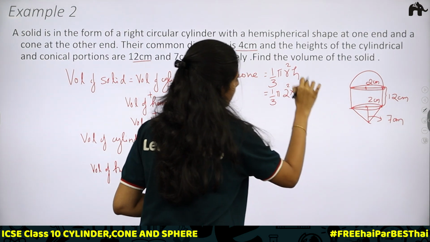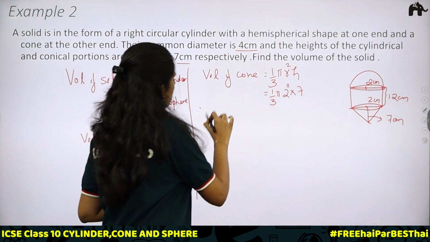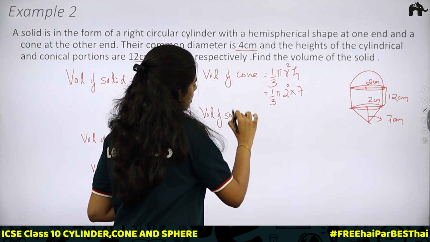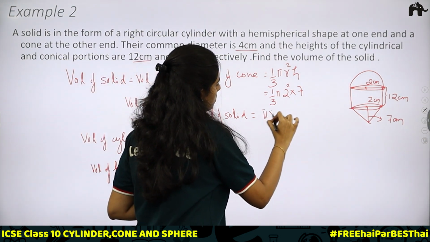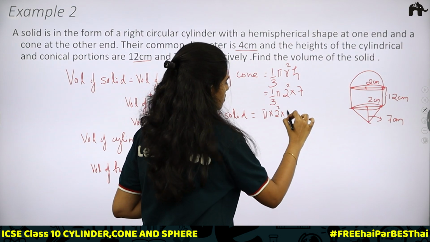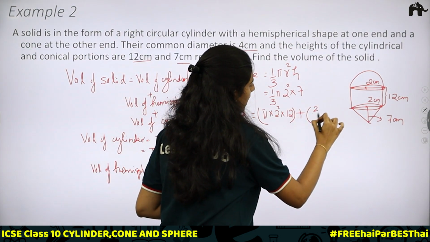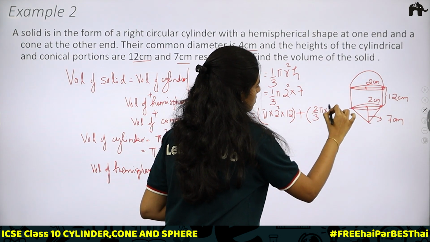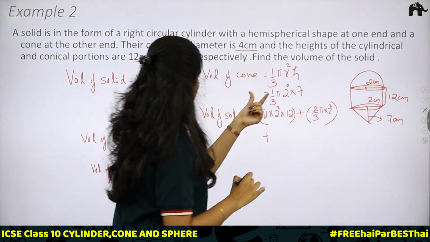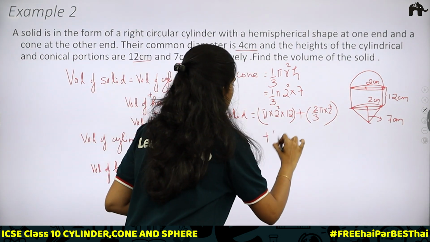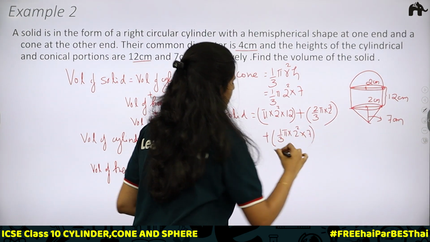Height is 7. Okay. Now putting the values, the total volume of solid will be equal to pi into 2 square into 12 plus 2 by 3 pi into 2 cube plus volume of cone. Volume of cone is 1 by 3 pi into 2 square into 7.